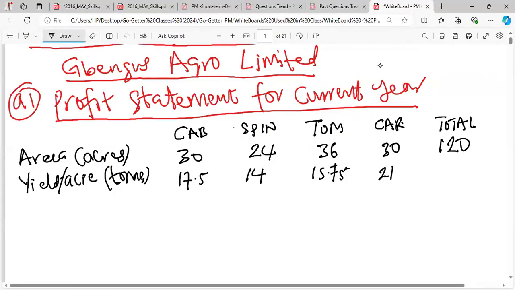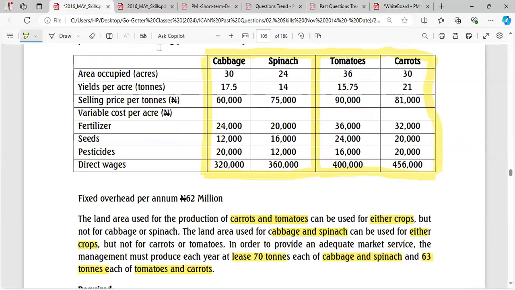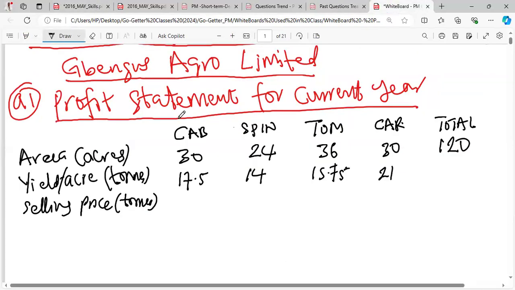So we can say selling price, which is going to be in tons. Is that what the question says? Yes. Selling price per ton. So what is the selling price?